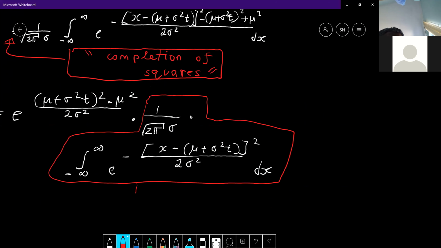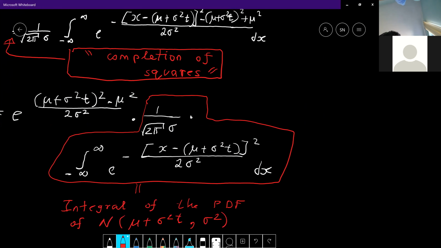This is the integral of the PDF of a normal density with the mean parameter equal to this and the variance parameter equal to this.